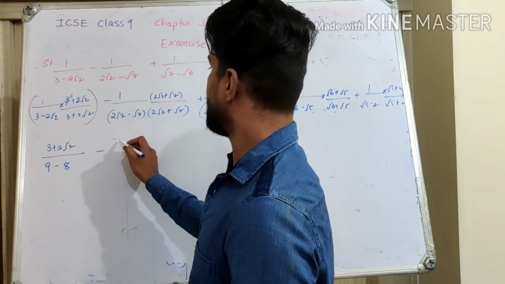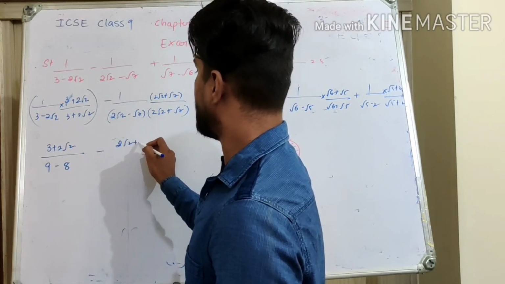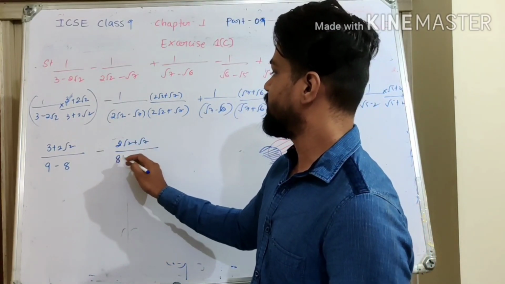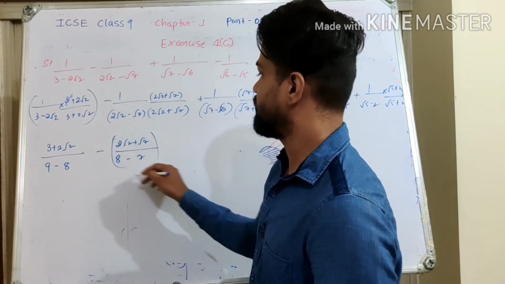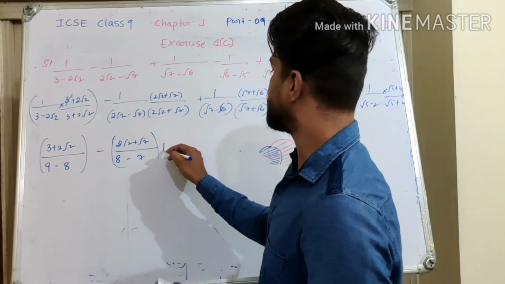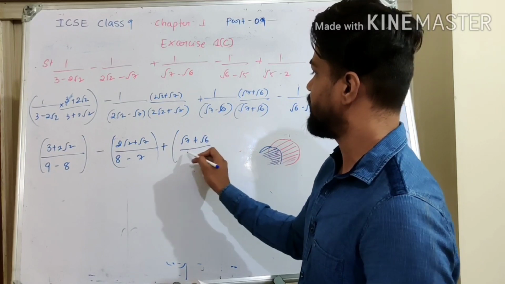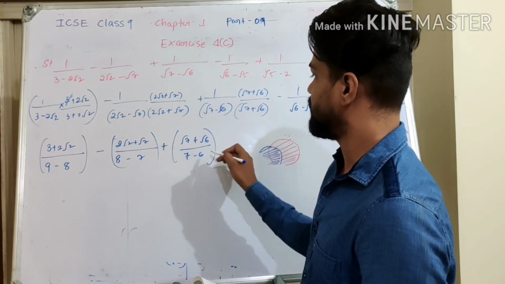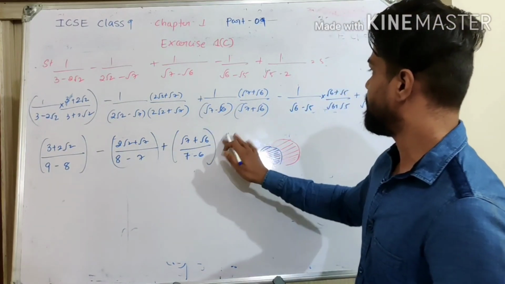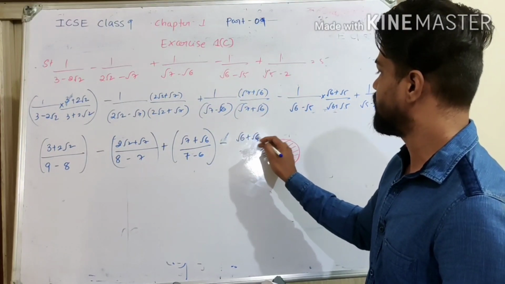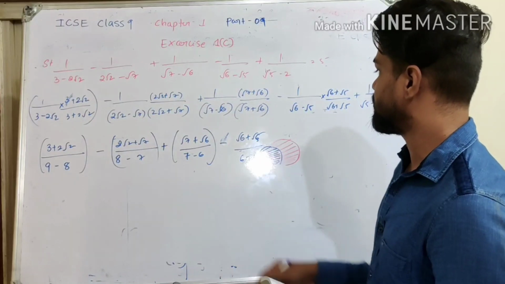This will be 2 root 2 plus 7 divided by 2 root 2 is 8 minus 7, plus now. So this is root 7 plus root 6 divided by 7 minus 6 now. Okay, minus root 6 plus root 5 divided by 6 minus 5.